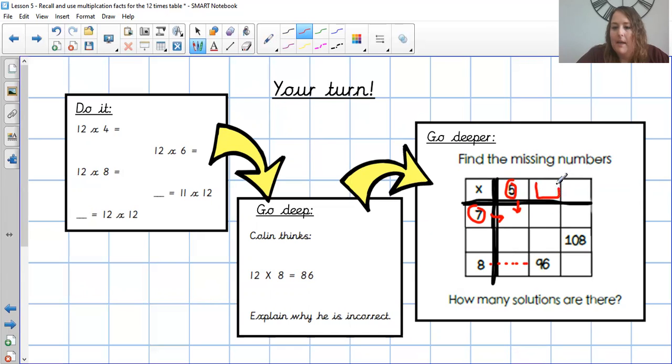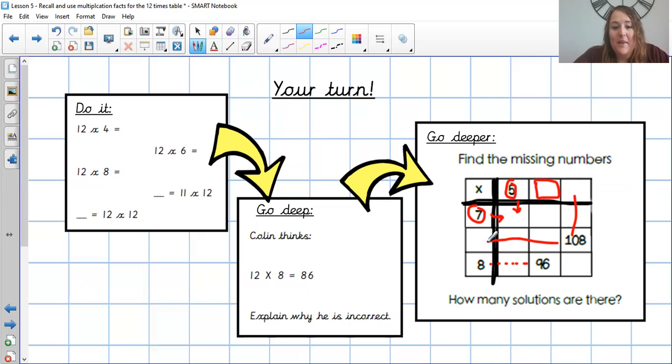What would that answer be up here? And then you've got 108, which we know is in the 12 times table. What could go up and across from those? Good luck on those. I'm going to ask you to pause the video here to have a go at those, and just make sure you come back for the learning pit at the end.